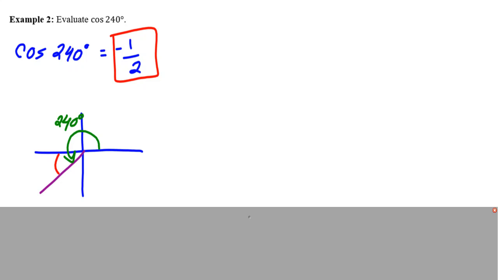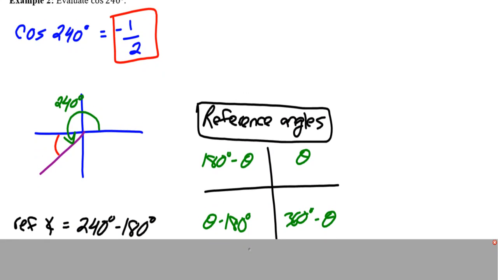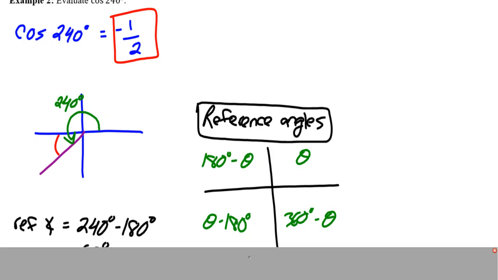Now, if you want to, you could find the reference angle. You have the rules for the reference angles that I wrote out right here. And just a reminder, reference angles are positive acute angles. The way you can determine your reference angles is, in the first quadrant, your angle, because if you're in the first quadrant, the angle is going to be acute.